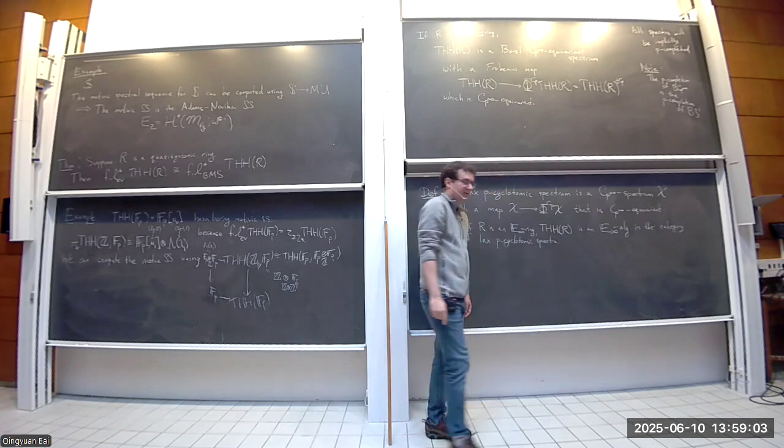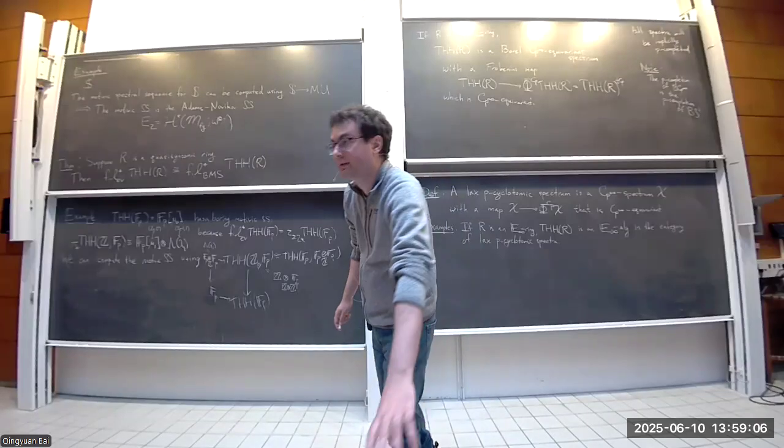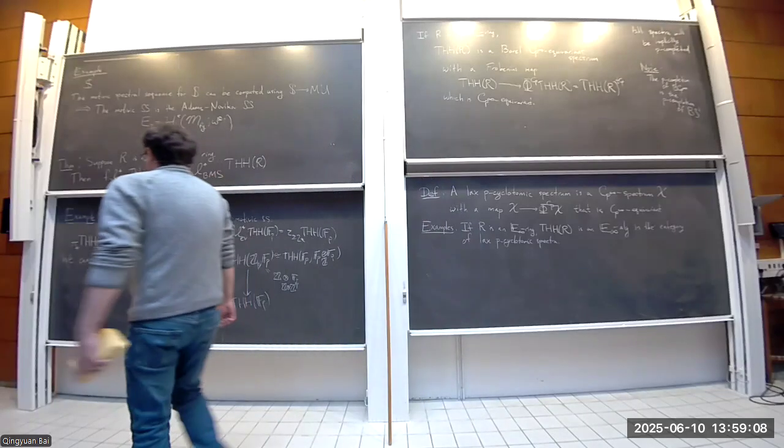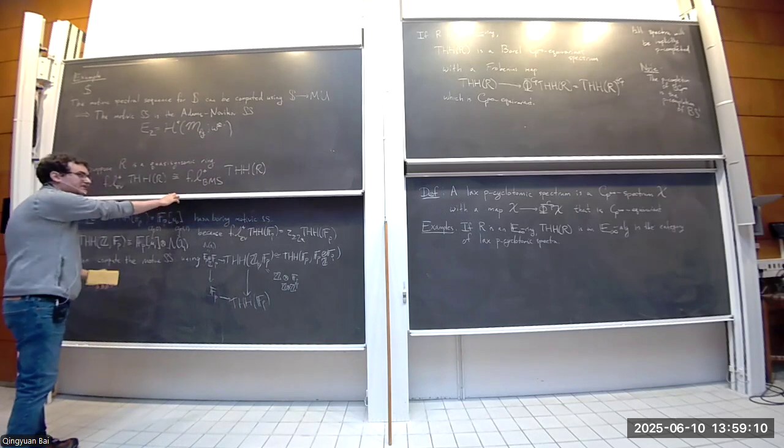It's the E-infinity ring that happens to be Borel. There are examples that are not Borel.